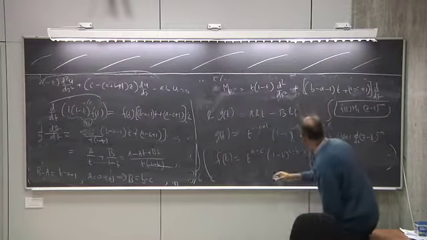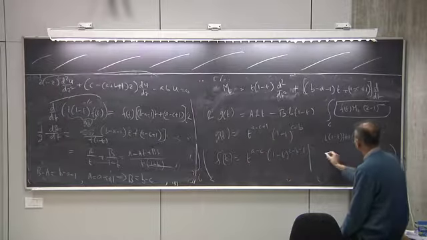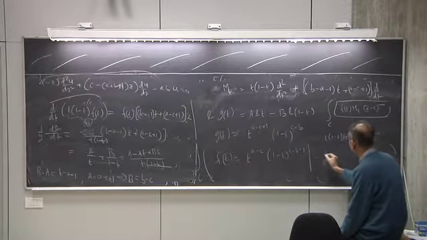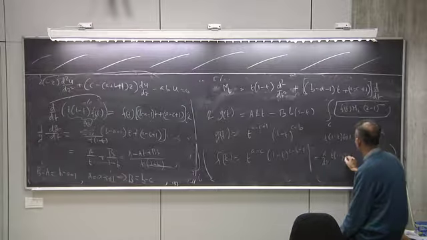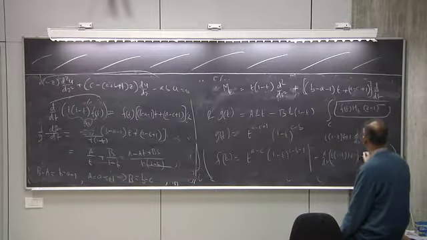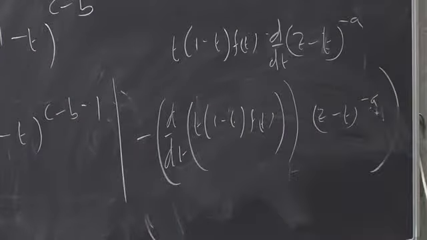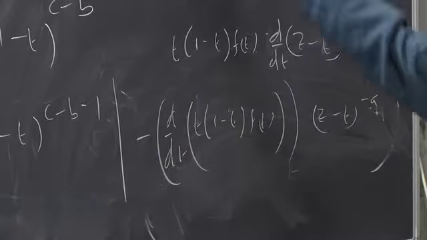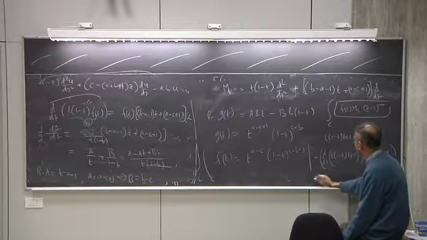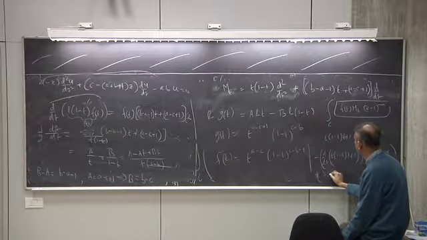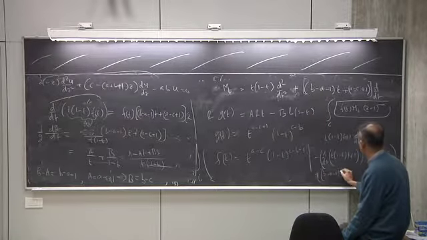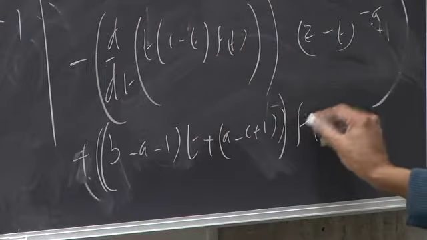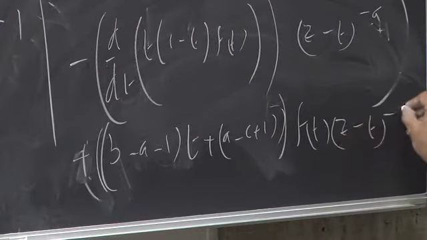And then there will be a second one, which will give you minus d by dt acting on t times 1 minus t times f t, times z minus t to the minus a. That will be coming from there, and from here you will get plus b minus a minus 1 times t, plus this combination a minus c plus 1 times f t times z minus t to the minus a.